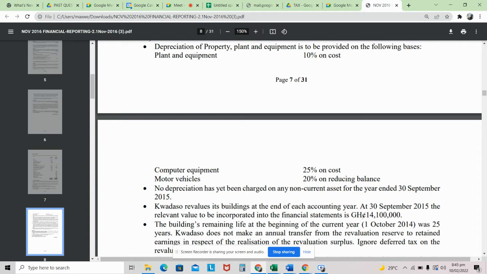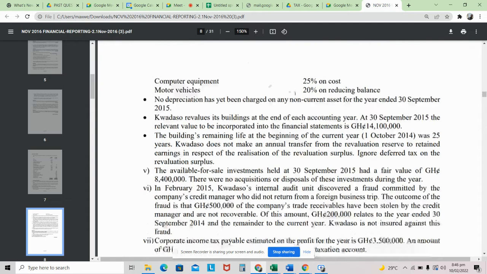No depreciation has yet been charged on any non-current assets for the year ended 30th September 2015.